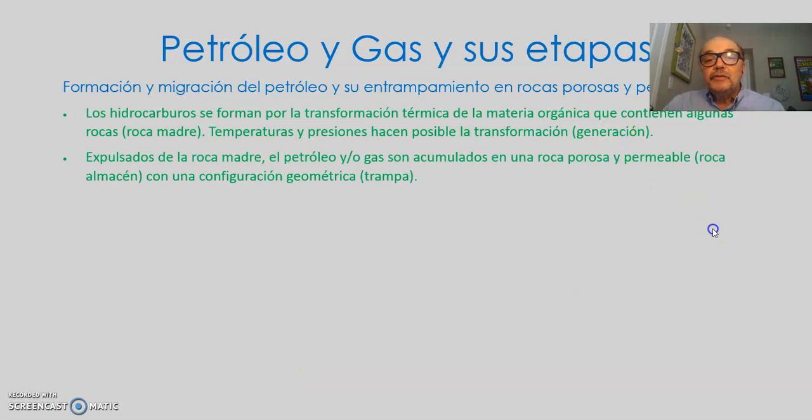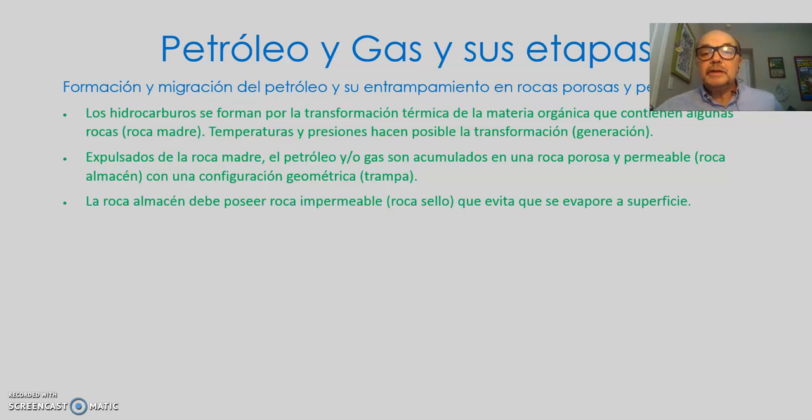As this was taking place, the pressure and temperature were getting higher and higher, until the hydrocarbons were expelled from the rock. Fortunately, there were other rocks with porosity and permeability where these hydrocarbons were retained, and that's what we call the stock rock.